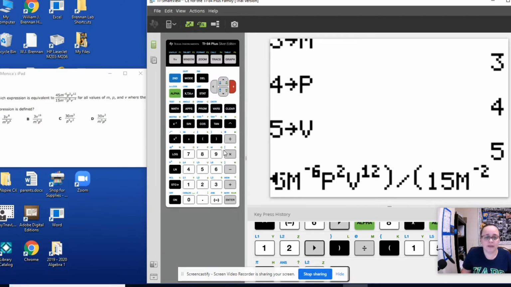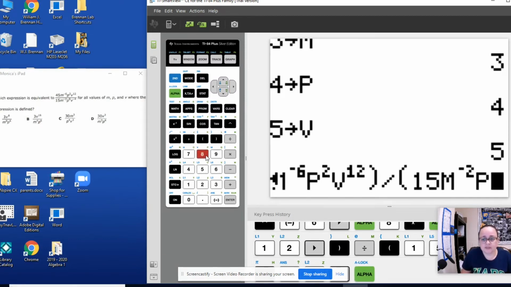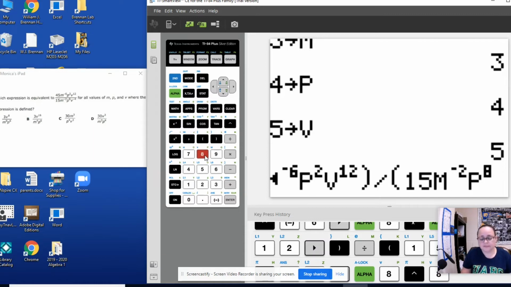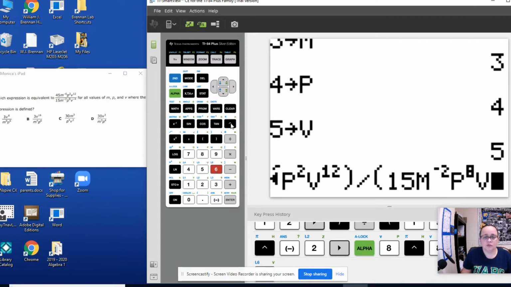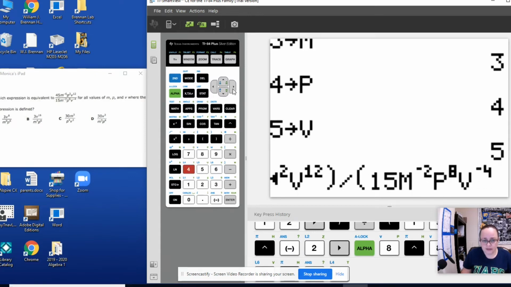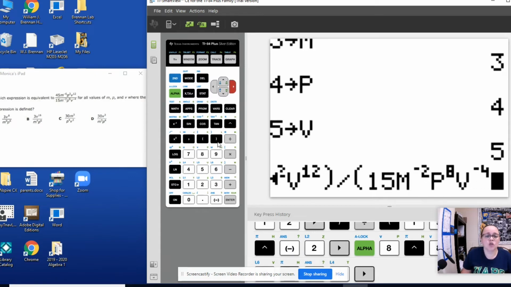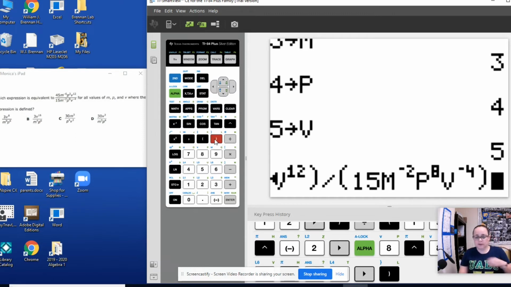Now I have a p, so alpha p, which is the number 8, to the 8th power. Get out of there. At last, we have a v to the negative 4. So alpha v to the exponent negative 4. Get out of there. And we're going to close the parentheses.